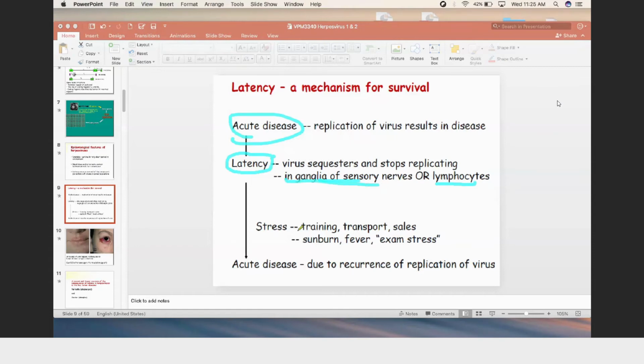Upon a stress factor, because of training, fever, surgery, whatever, the immune system of the host becomes compromised, weakened. As a result, the latent viruses are converted to active virus replication, and following active replication, that's how you get acute disease in these animals.